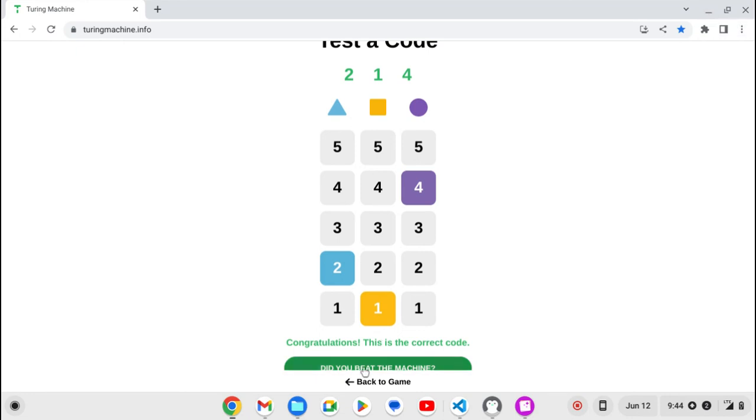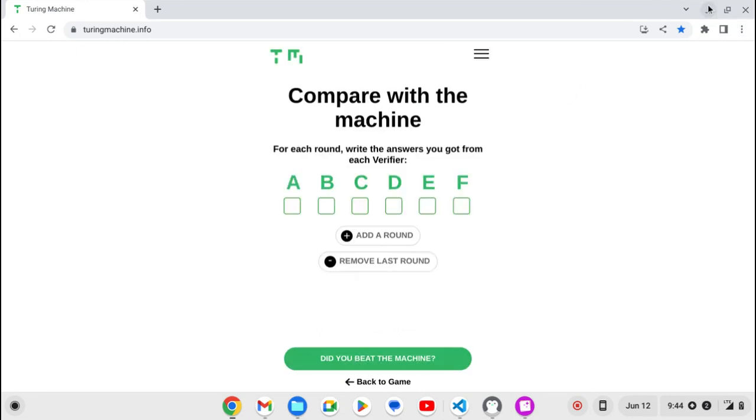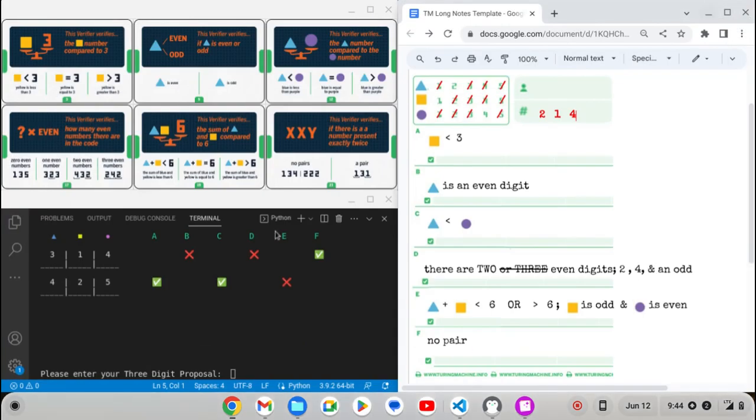But let's actually go and verify how we did versus the Turing machine. Well, we did have 6 tests with 6 verification cards. That's always a good indication that at the very least we tied with the Turing machine. So let's go check. So in the first round, our first 2, BD, were wrong, and then we got it correct.